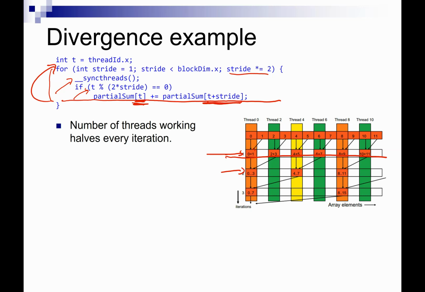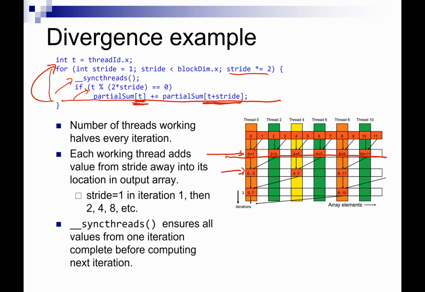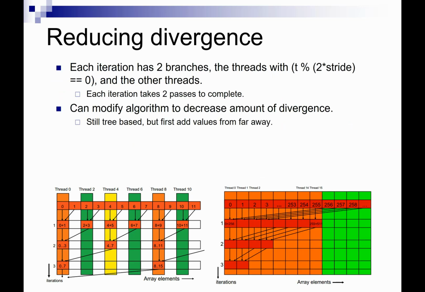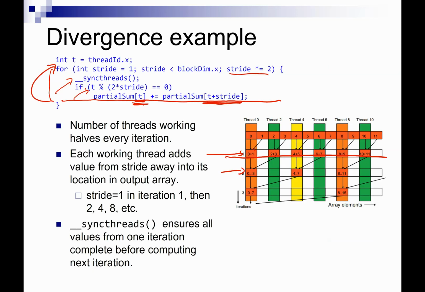All right. So this is just explaining what the algorithm does. I claim that this algorithm actually has warp divergence, and the reason is that we have this if statement over here. This if statement splits the threads up into 2 types.